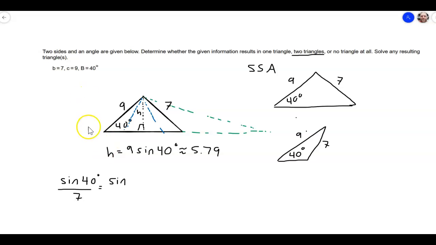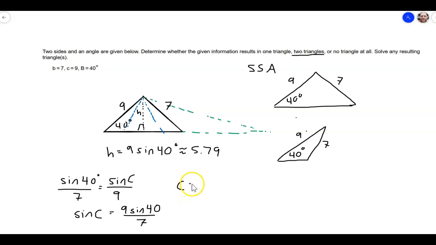We can call it anything we want, but since they called this side c, we'll call it big C over little c, which is 9. And this is going to give us that the sine of big C is equal to, and cross multiply and divide, we're going to get 9 sine of 40 divided by 7.